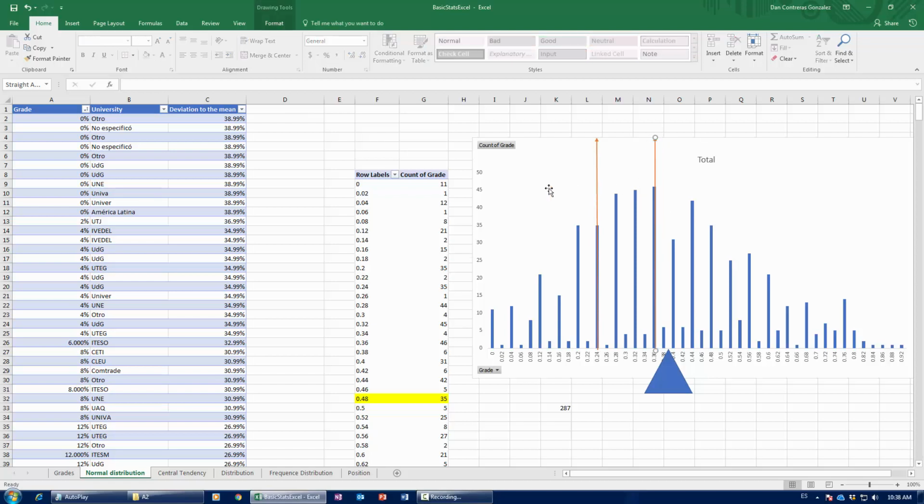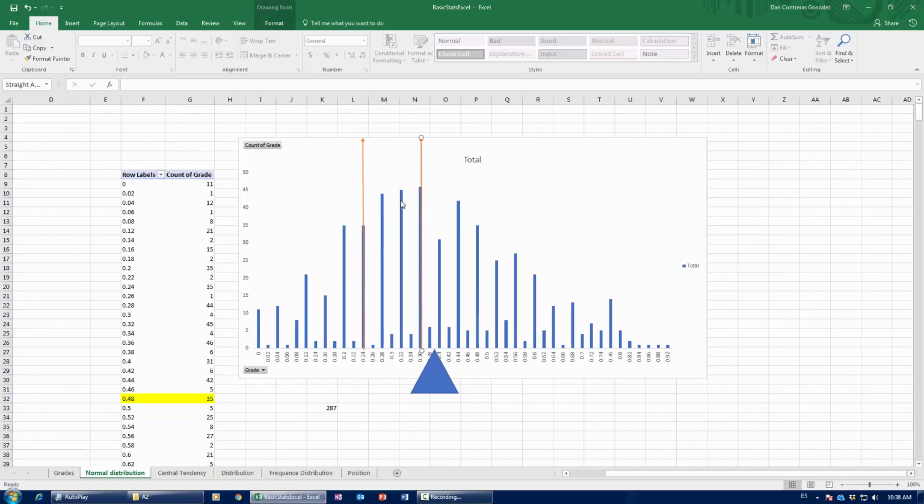You have 50% of the population at or below a grade of 36. More interestingly, the second quarter of the population is higher than 24 and up to and including 36% in grade.